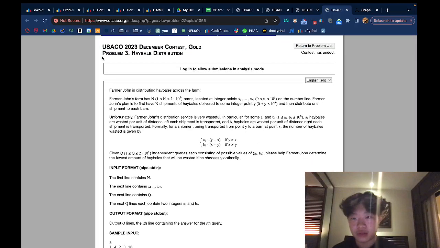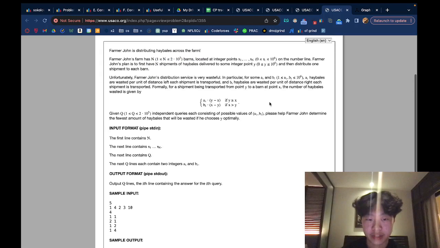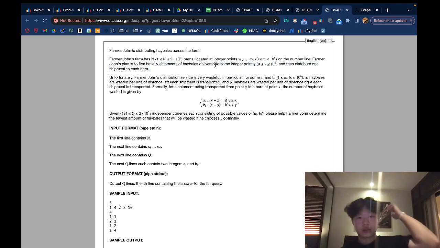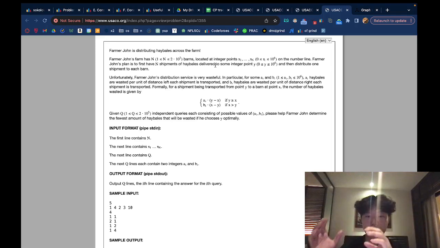Okay, so problem 3. Farmer John has n barns at X points, right? And he wants to have all the shipments delivered to some point. So there are n points on this line, and you're trying to get all the points to a singular point.